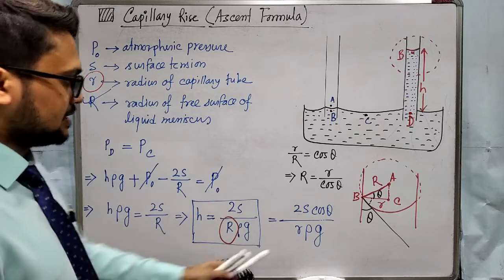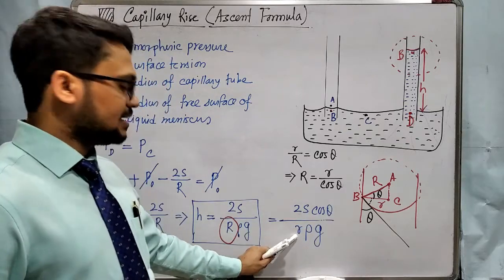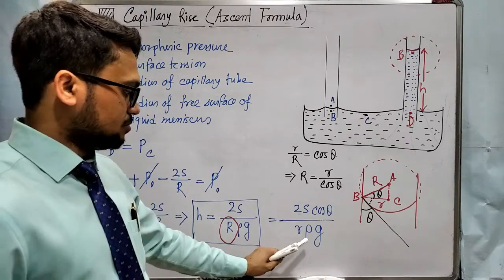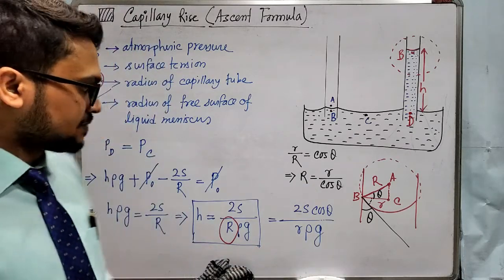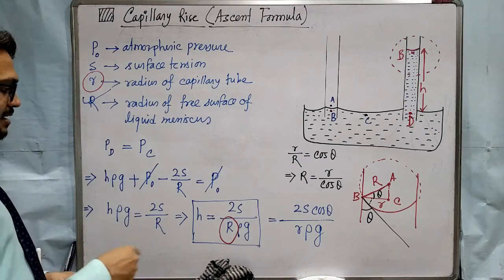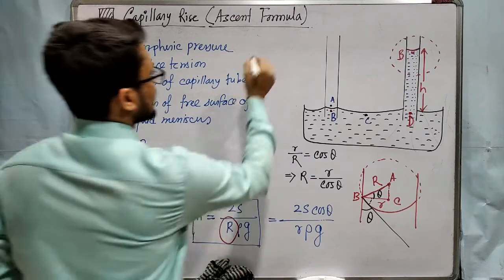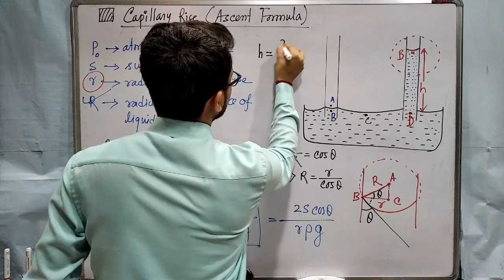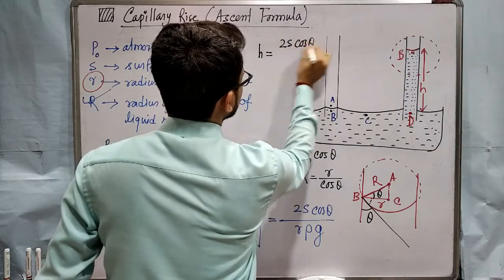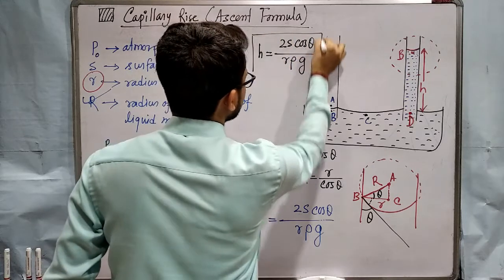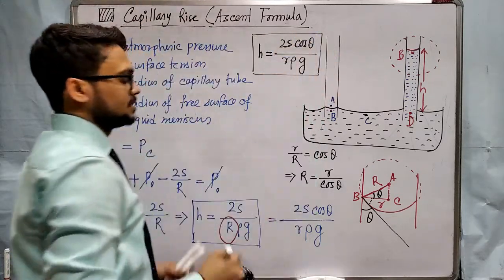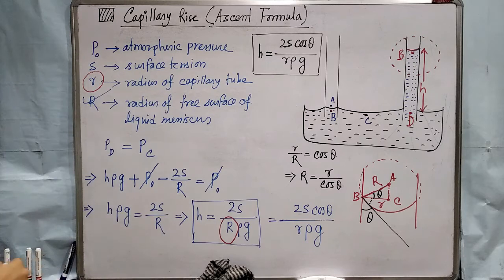S is surface tension, theta angle of contact, r radius of the capillary, rho density of the liquid, g gravitational acceleration. So from this formula we can calculate height. Basically the formula is h equal to 2s cos theta by r rho g. So this is the height formula.